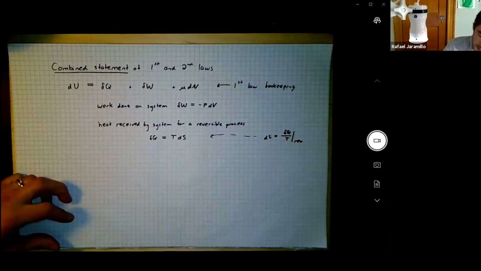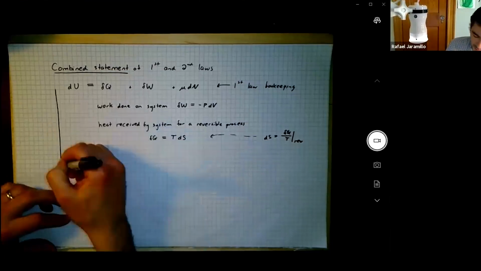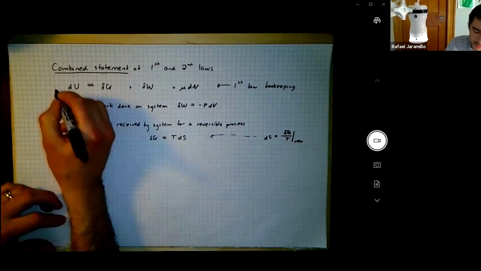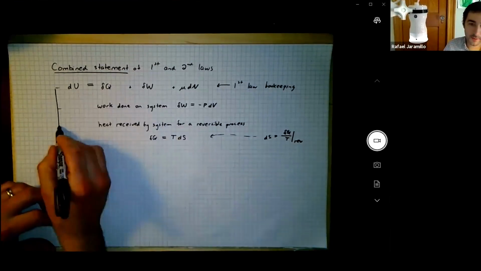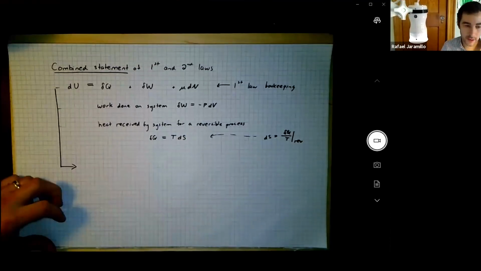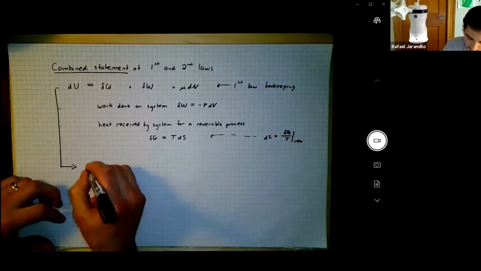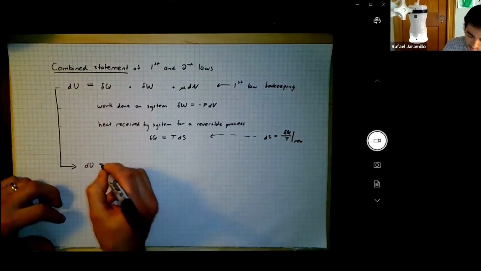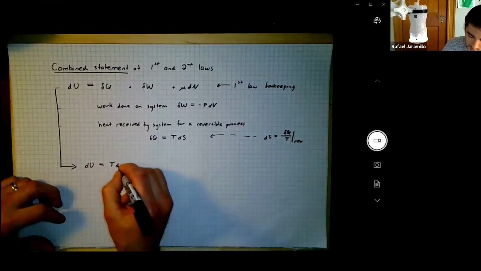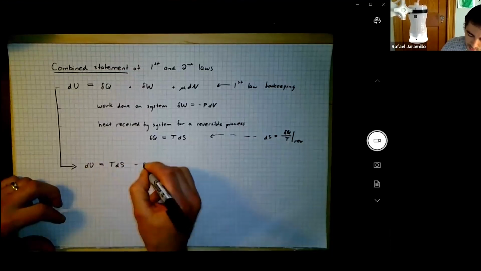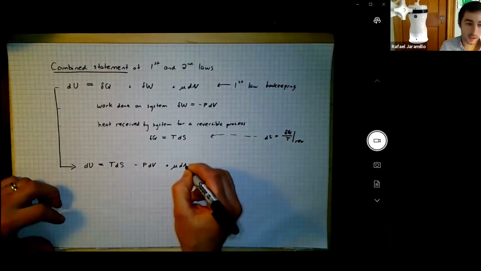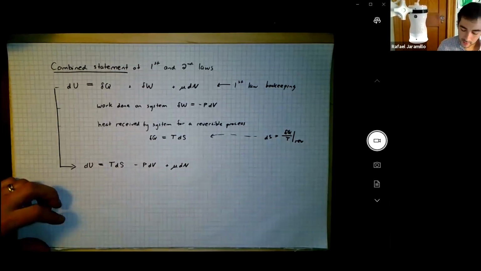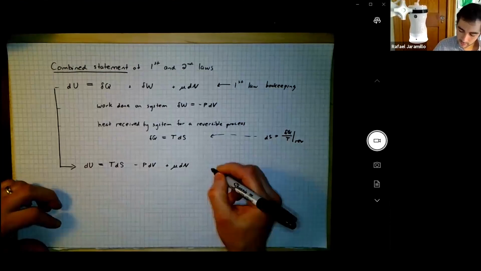So I'm going to combine these. Take the first law bookkeeping. I substitute the mechanical expression for work. I substitute this expression for heat for a reversible process, and I get the following: dU equals T dS minus P dV plus mu dN. And now, this is for a reversible process.